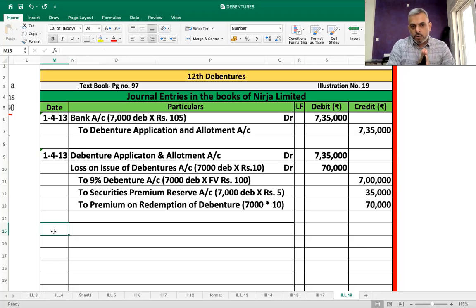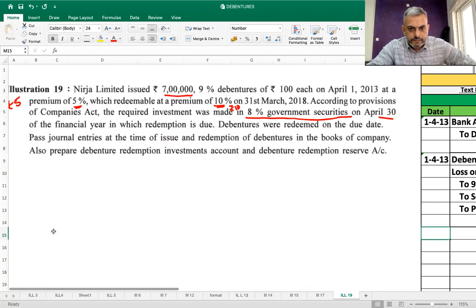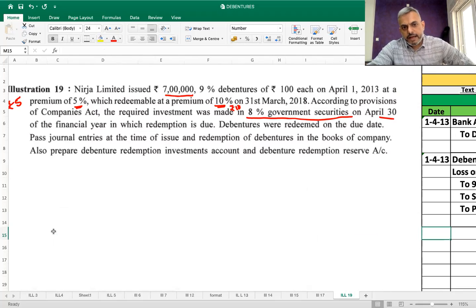Now the issue is done. Now these are for how many years? Is it given in the question? Let's check out. They are to be redeemed on 31st March 2018.